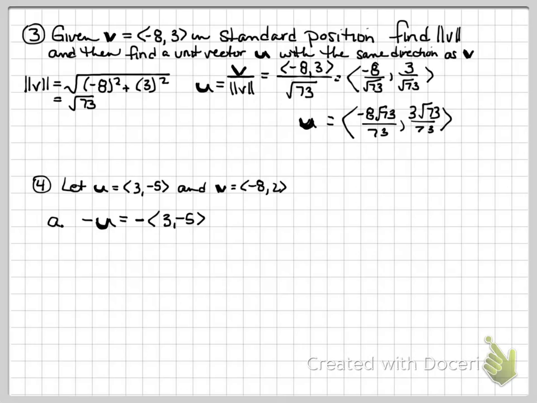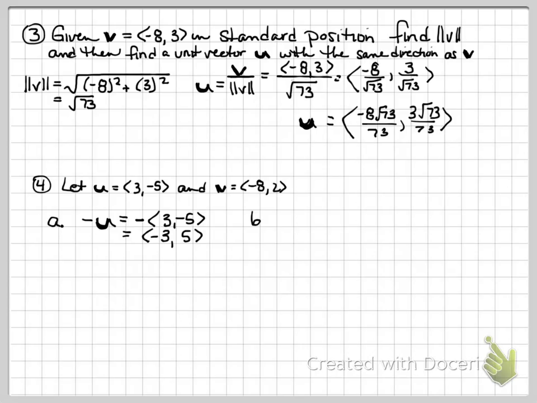So all our rules still apply. We're going to do the distributive property. So that makes it <-3, 5>. And that's all we have to do, because now instead of our original vector going to the right 3, down 5, now it's going to the left 3, up 5. So it's going in the exact opposite direction.